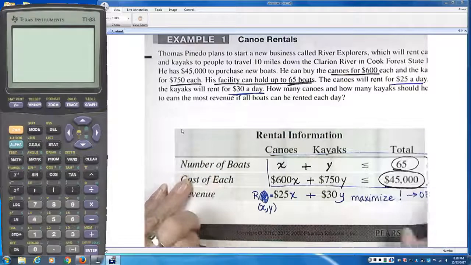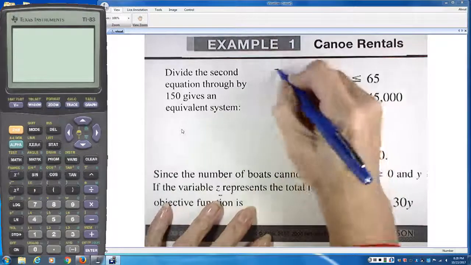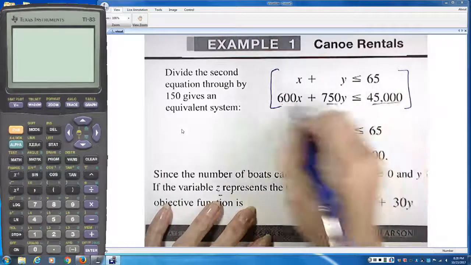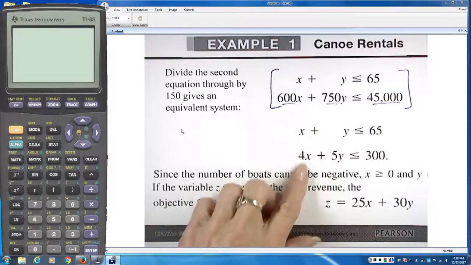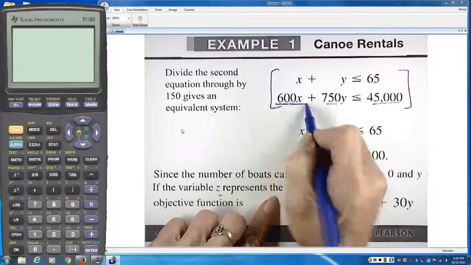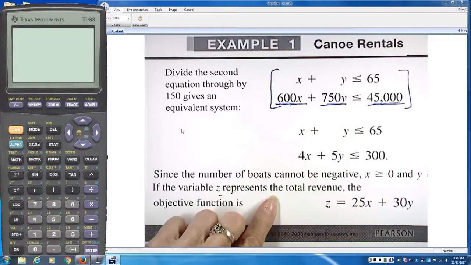You don't always have to do it, but sometimes it helps when you're talking about money. So since this is our system, but those are awfully big numbers, we can actually divide everything here by 150, because 150 divides into all of those.